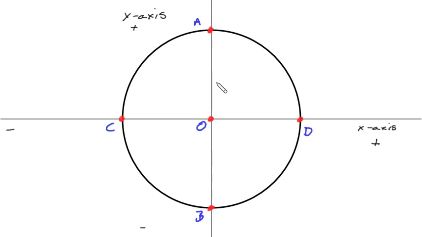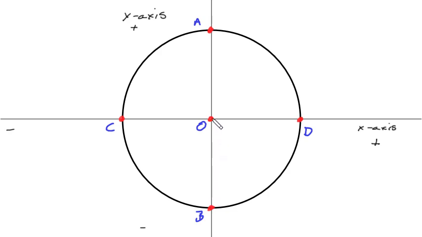Now the lines AB and CD, these are diameter lines, and a diameter line is a line whose endpoints lie on the circle and which passes through the center of the circle, okay? And the lines OD, OA, OC, and OB are all what we call radius lines.